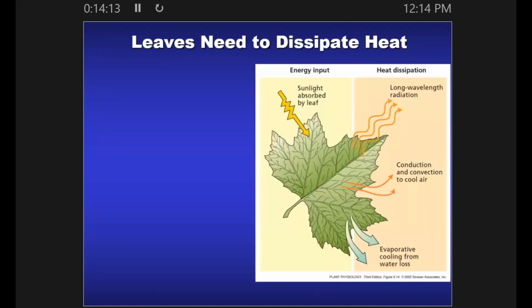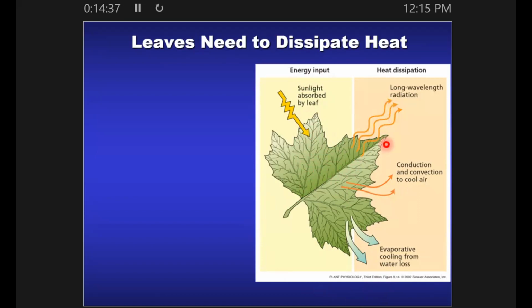So above ground and below ground, plants are busy trying to minimize issues with water loss and too much heat. Here's a schematic showing the idea that when sunlight energy is hitting the leaf, certainly some of that is going for photosynthesis, but under high heat conditions, some of that sunlight energy gets dissipated. Some of it will bounce off in longer wavelengths and come off as heat.